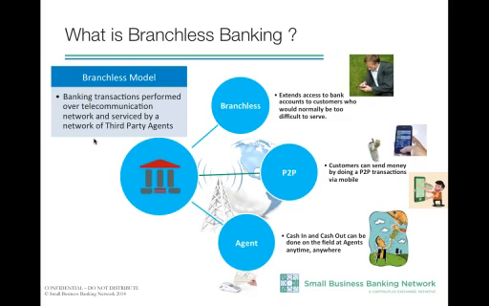Then also some new financial instruments like loan disbursements and loan repayments. Also, in some parts of the world, savings is taking off, and also pre-approved loans. These are some of the products and services being offered.